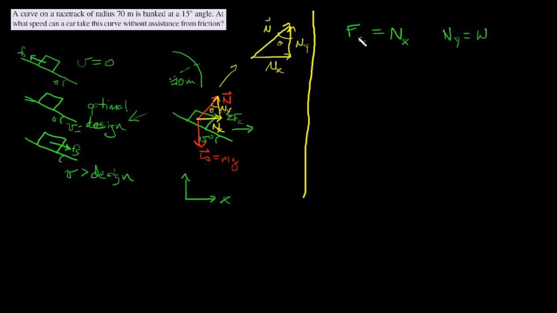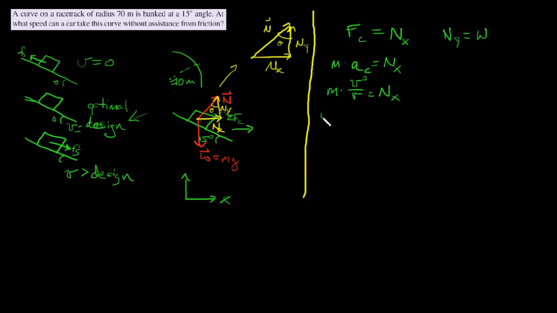So centripetal force, remember we're looking for max speed. The centripetal force, we determine that by mass times a_c is going to be equal to nx. And my centripetal acceleration is v squared over r. So that's going to be my normal in the x direction. And my normal in the x direction, thinking about the normal force, we have its opposite.